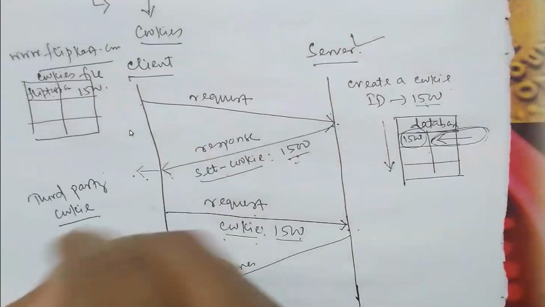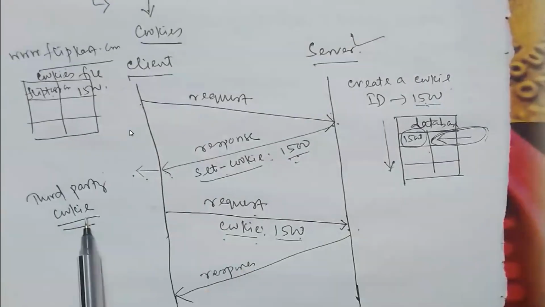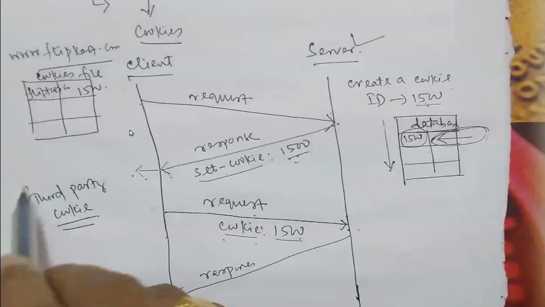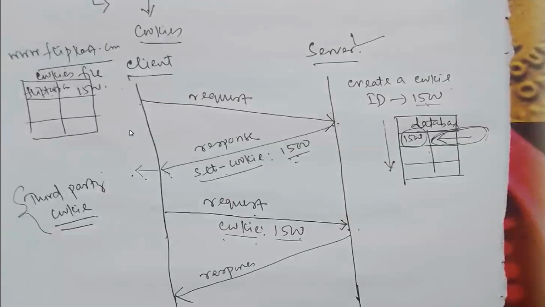This is the cookie not maintained by Flipkart. When you click on that particular advertisement, which is meant for some other server, that other server is going to get and maintain your information. That kind of cookie is called a third party cookie, because you are accessing Flipkart, but somebody else is saving your information.